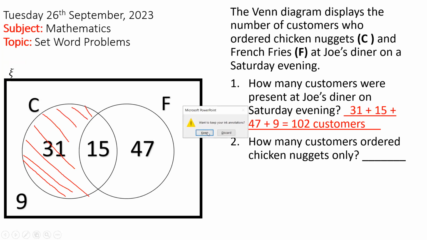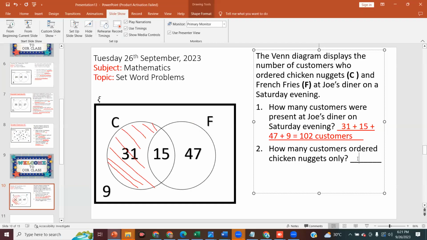So 31 customers is the answer. Turns out you all were right. So be very careful. If they ask for chicken nuggets only, you can't tell me 31 plus 15, because I asked for chicken nuggets only. All right, so be careful with that.